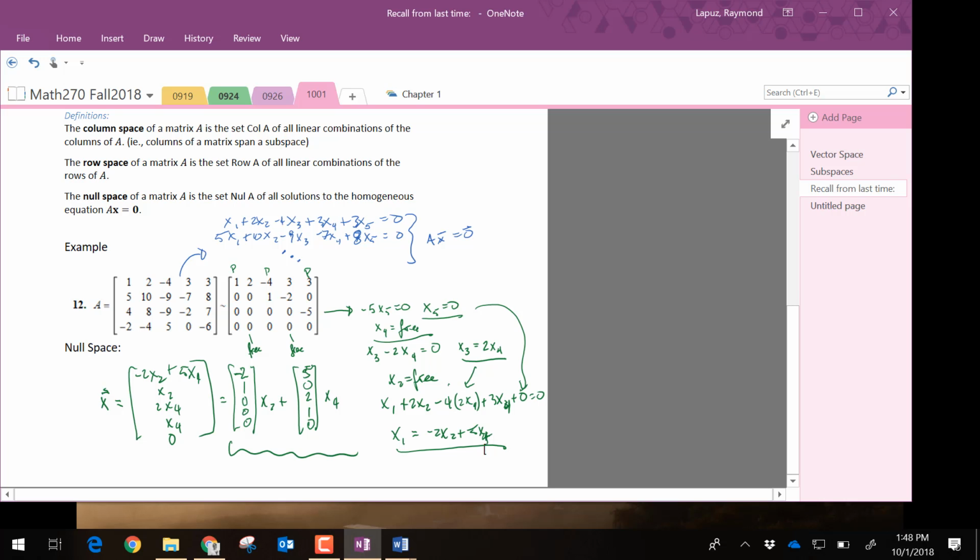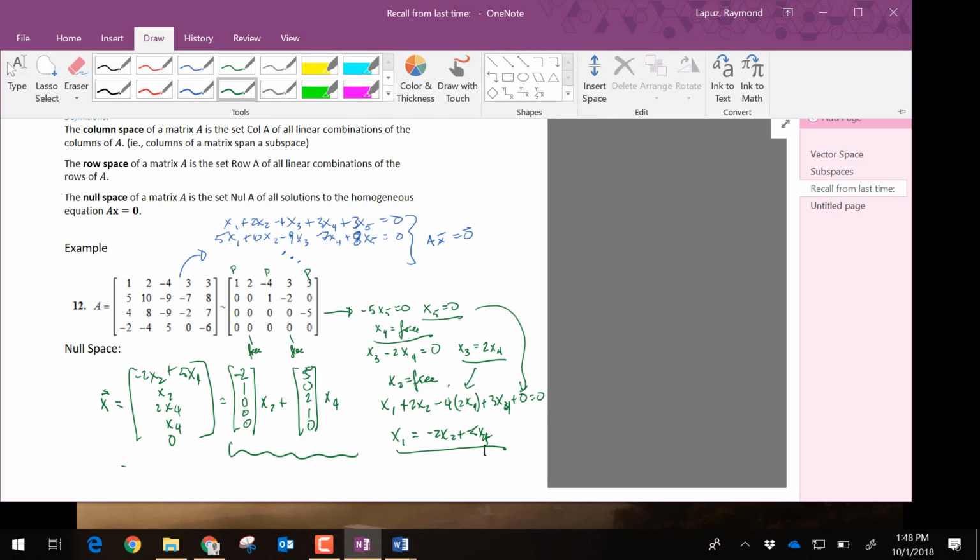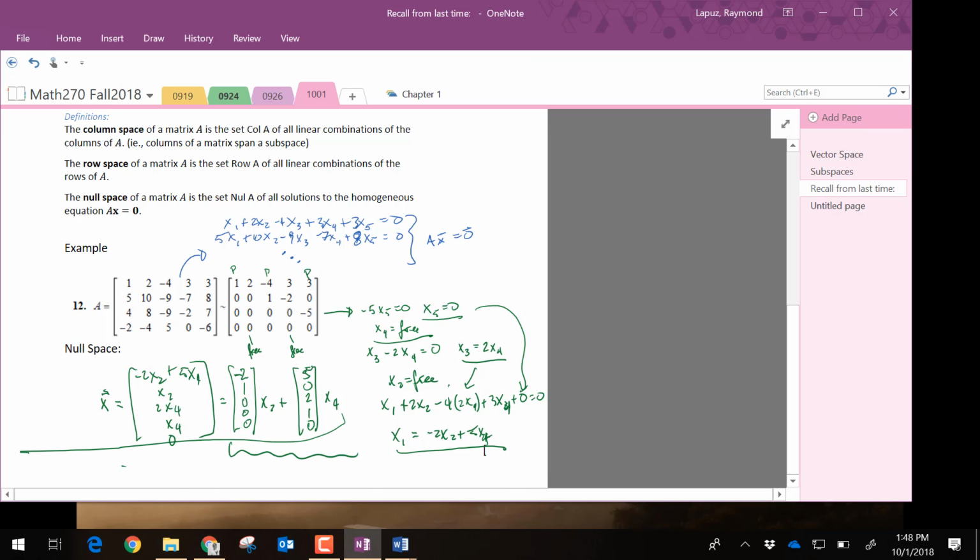No more space. I don't have any more space for the null space. I have no space for my null space. That's pretty funny, right?